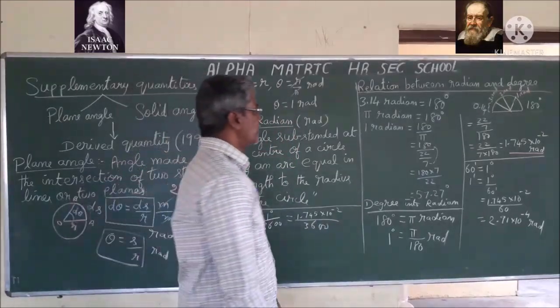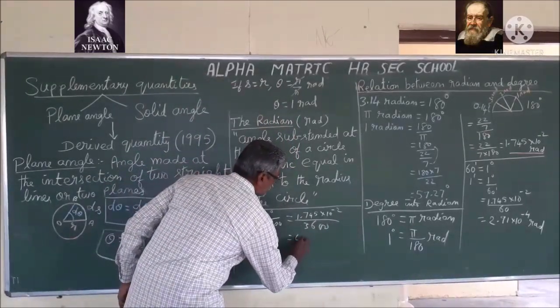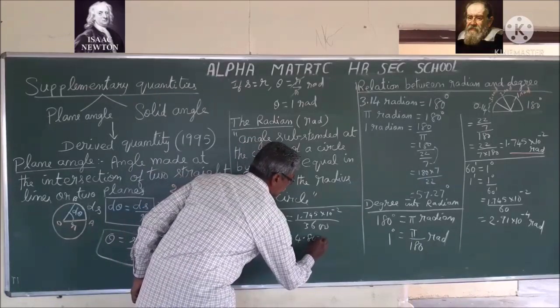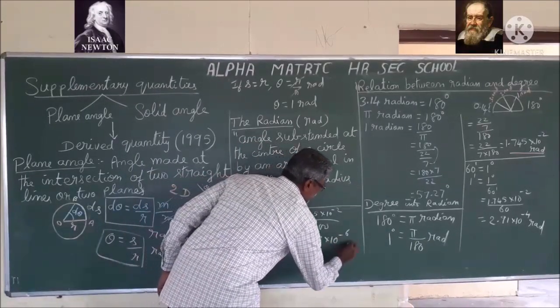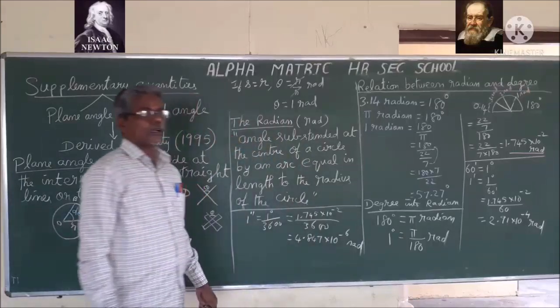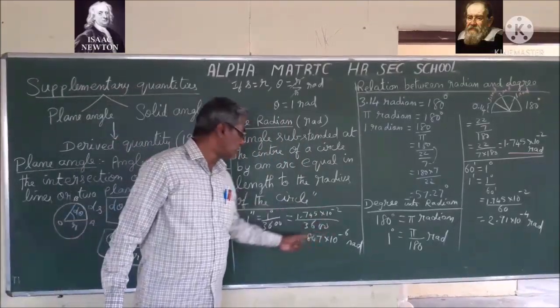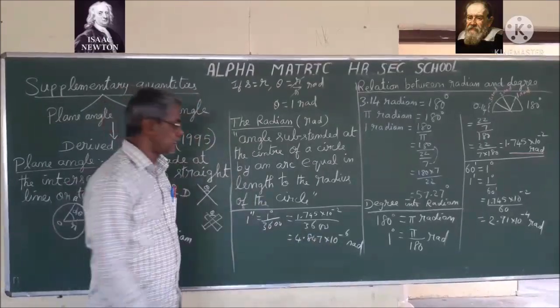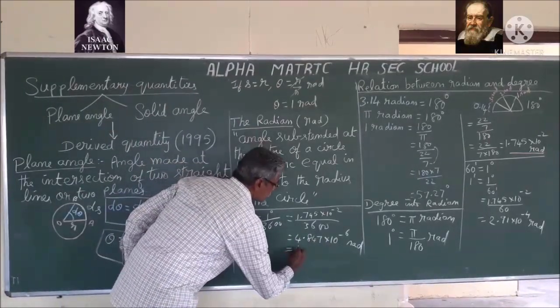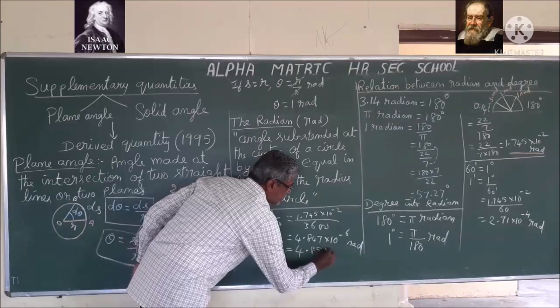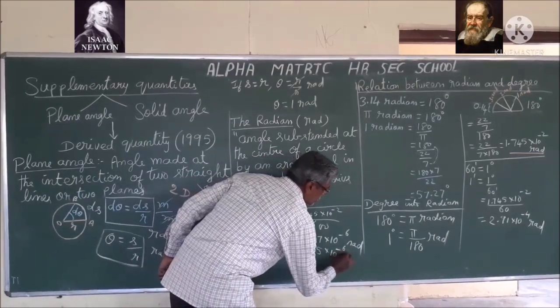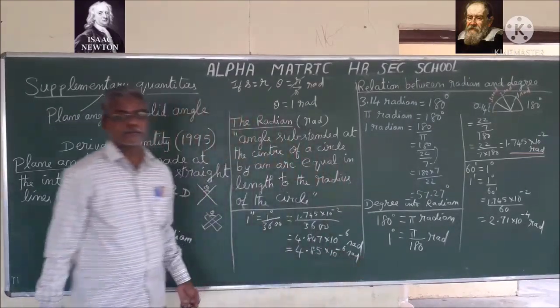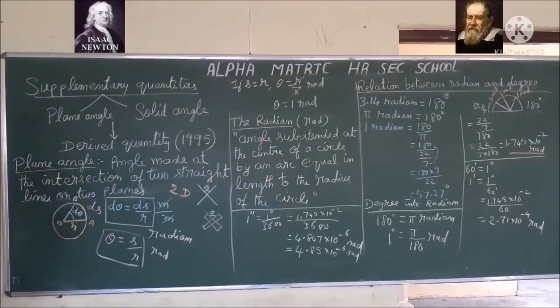Understood? If I simplify this value, I will be getting 4.847 into 10 power minus 6 radian. So I can rewrite it as 4.85 into 10 power minus 6 radian. Is it clear?